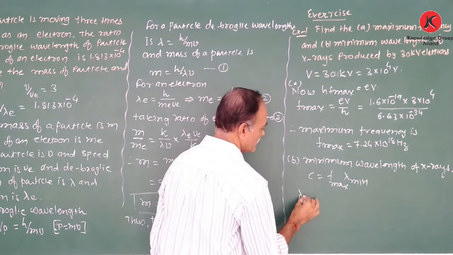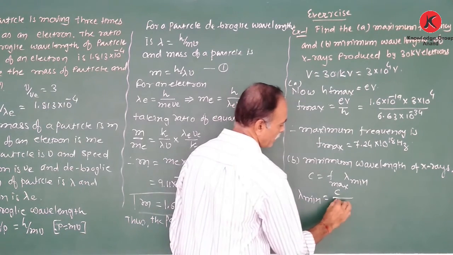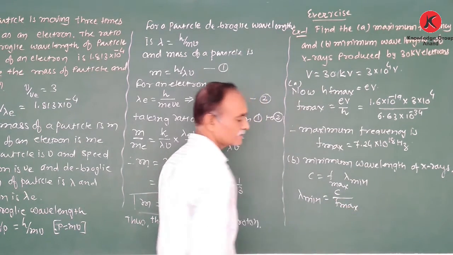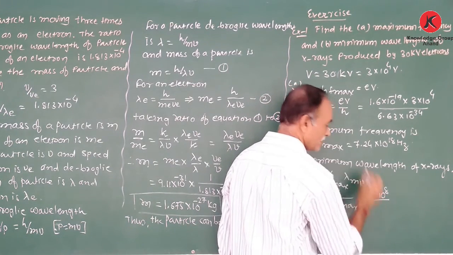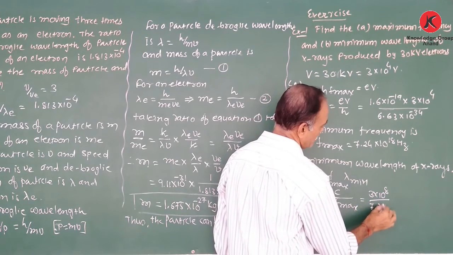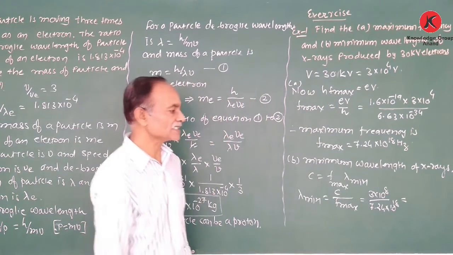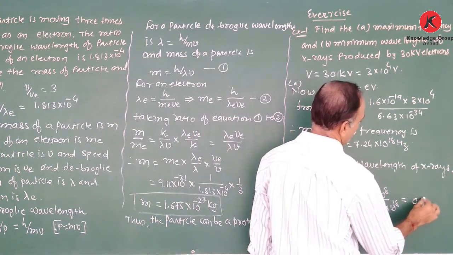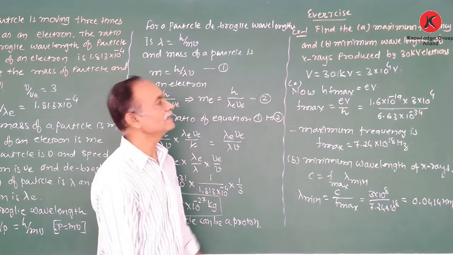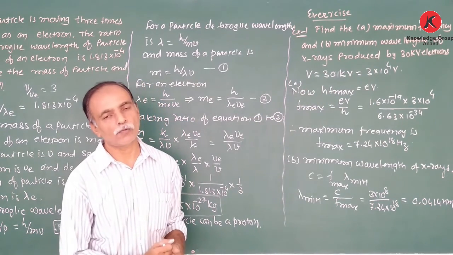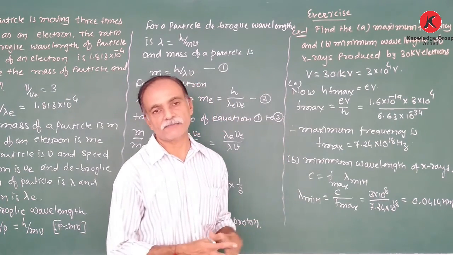Therefore, lambda minimum is equal to c, the speed of light, upon f maximum. The speed of light is 3 into 10 raised to 8 meter per second, upon f maximum, 7.24 into 10 raised to 18. Thus, we obtain 0.0414 nanometer. That is the wavelength of emitted X-ray at 30 kilovolt. Again, a very easy numerical, may be asked in an objective type question.